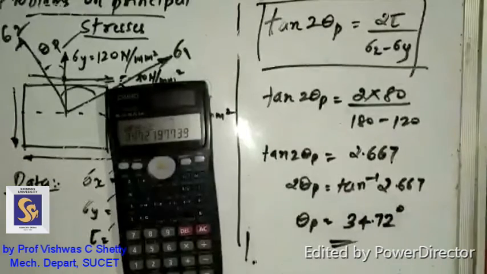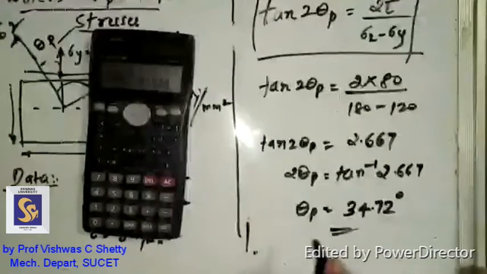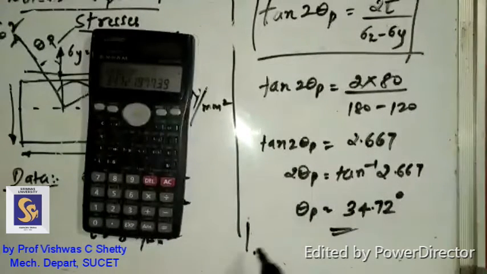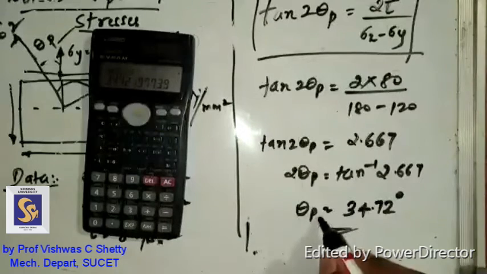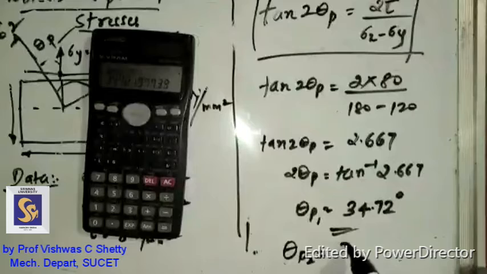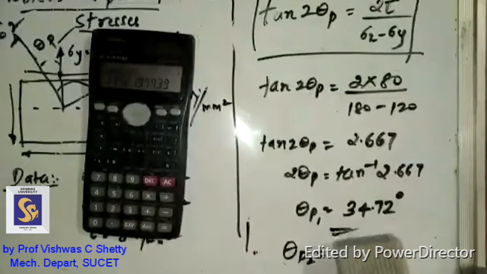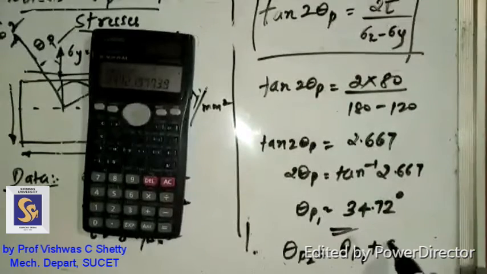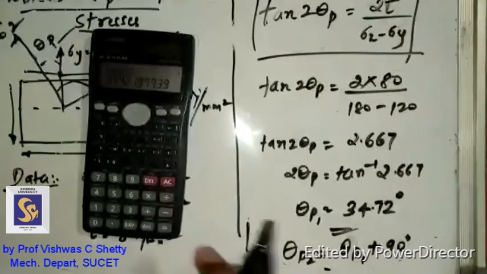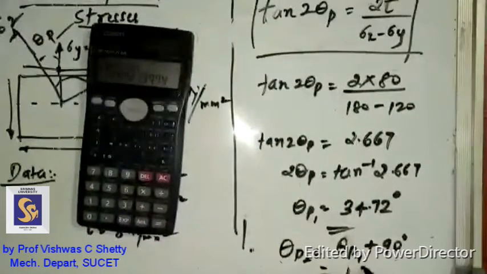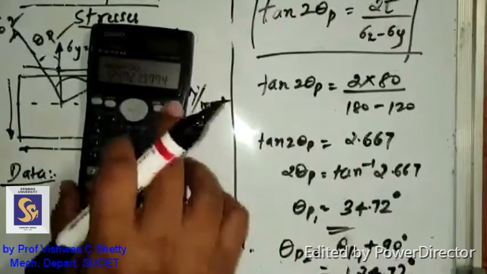So that is the angle of sigma 1. If you want, you can take it as theta p1. Theta p2 will be theta p1 plus 90 degrees. Plus 90 degrees, you will get 124.72 degrees.